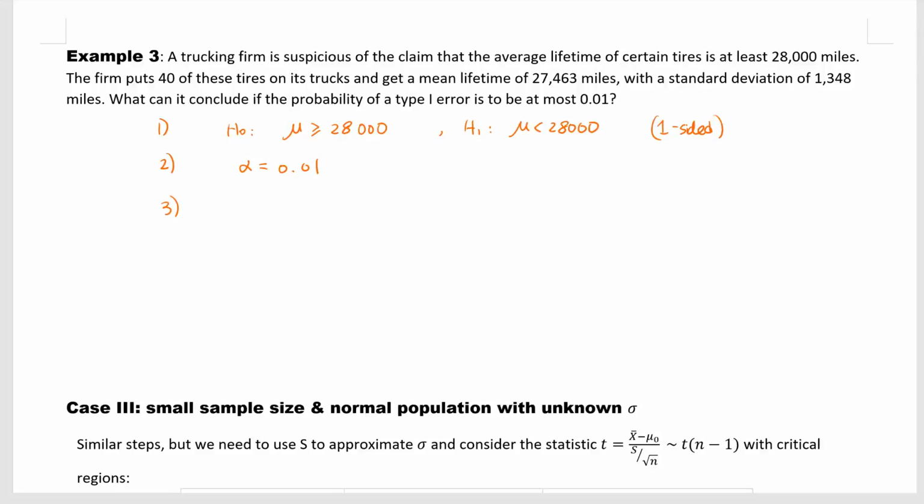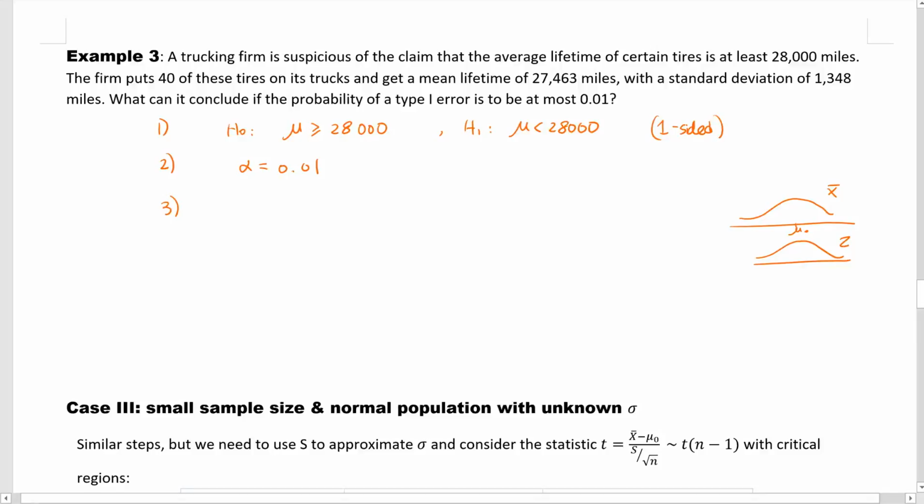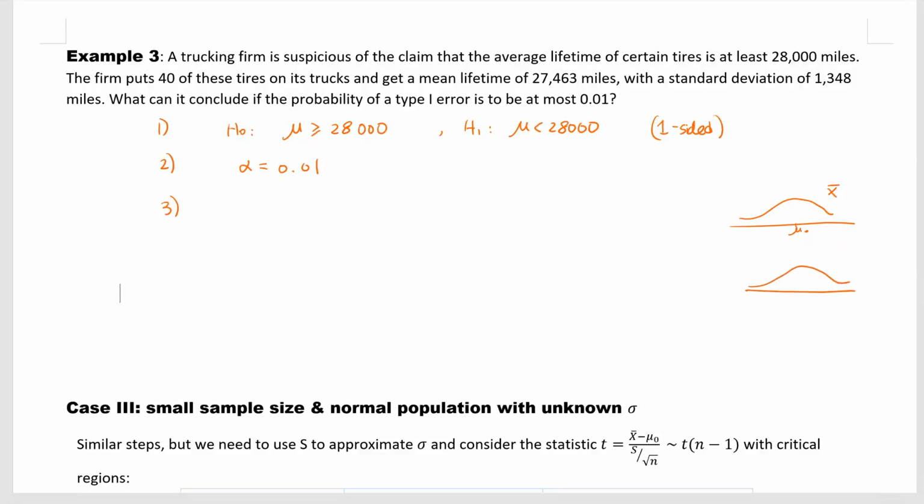Let's draw a picture here. So this is X bar, this is Z, this is mu 0. Let me draw them. Okay, Z. So think about it.